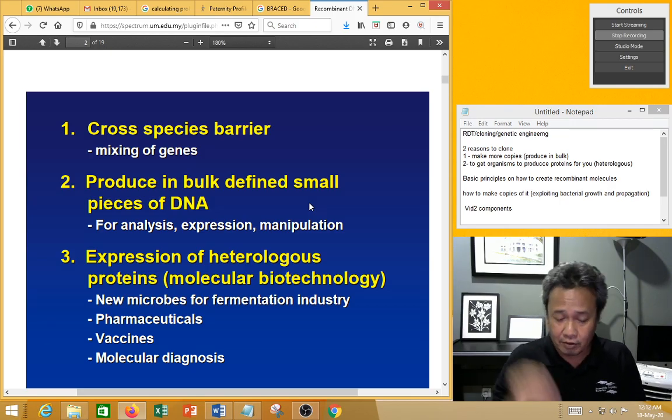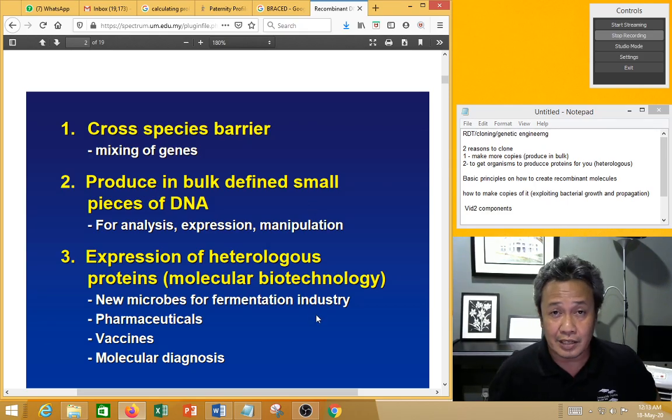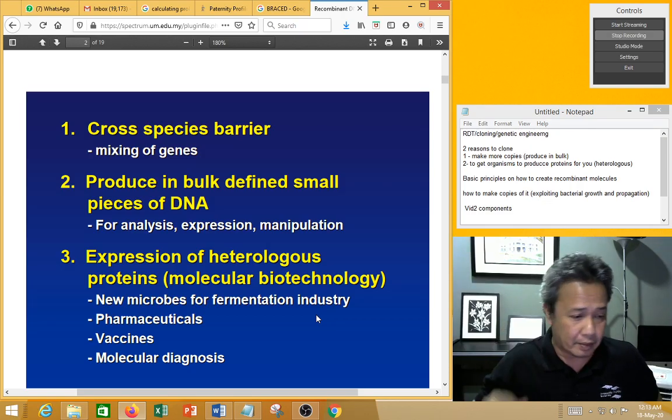So if you put in a foreign piece of DNA and then you ask the bacteria to produce whatever is coded by that piece of DNA, the protein that is produced you will be able to take out later. And this whole process is called production of protein in a heterologous system. This has been used in the fermentation industry. As I mentioned, insulin is one of the first biotechnological proteins that's been produced in bacteria.